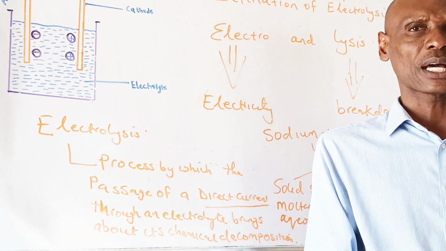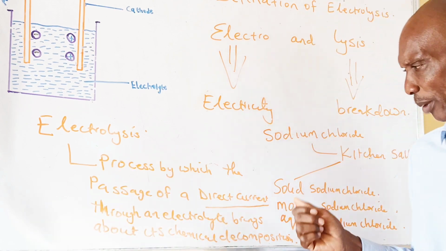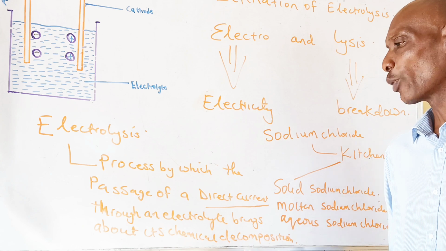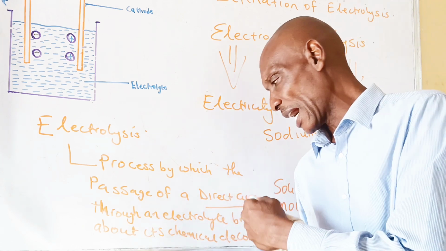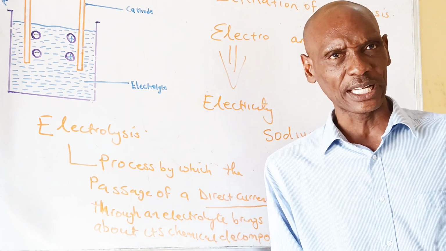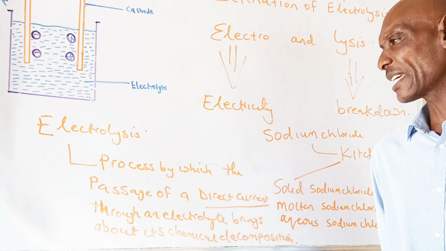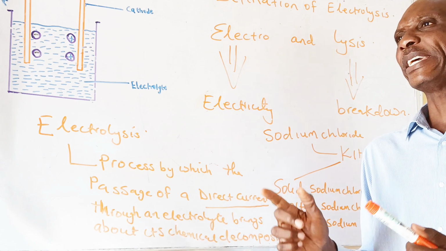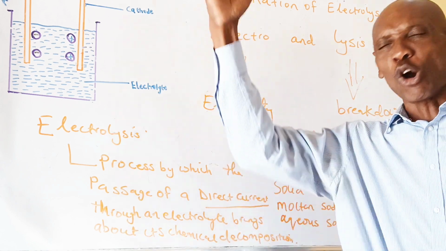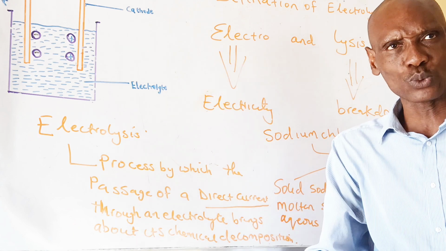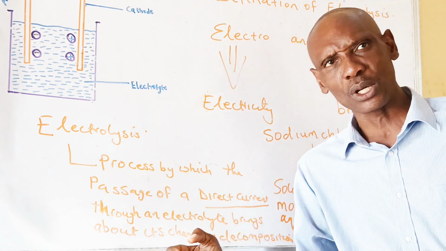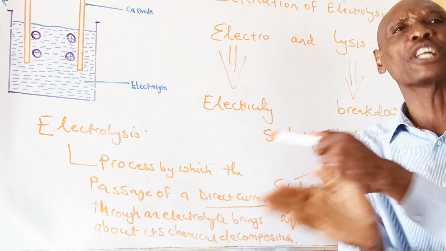Now, the problem with attempting to use an alternating current during electrolysis is that the conductors, the electrodes which bring current in and out, will keep changing.